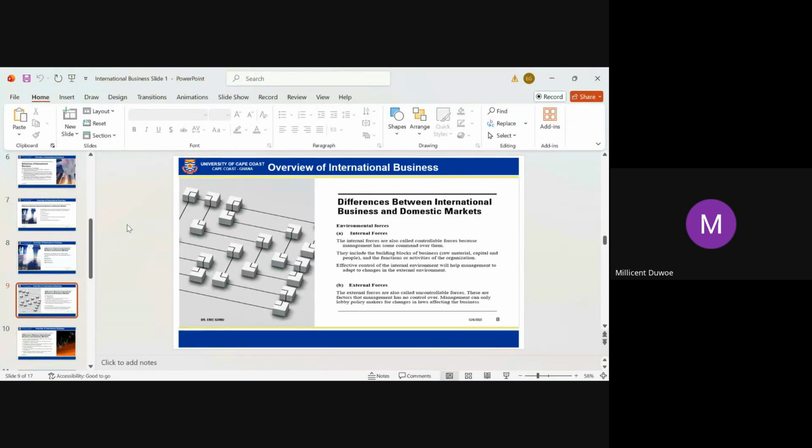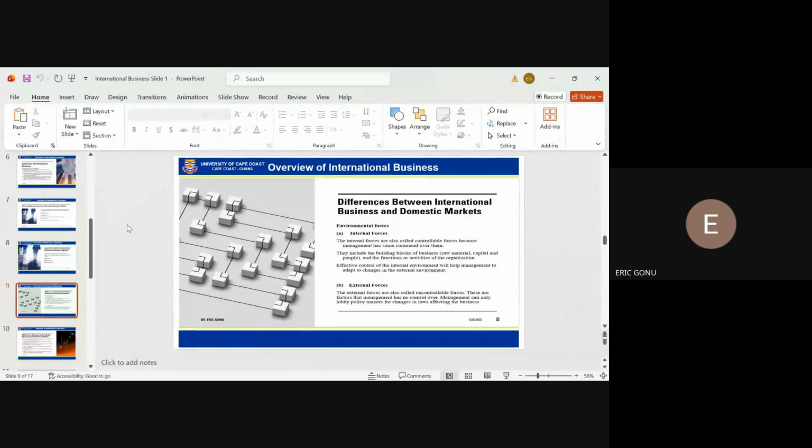If I'm right, I'm saying that the environmental forces, which are the internal forces and the external forces, does it mean that the internal ones stand for the domestic, whilst the external ones stand for international? Can we put it that way?